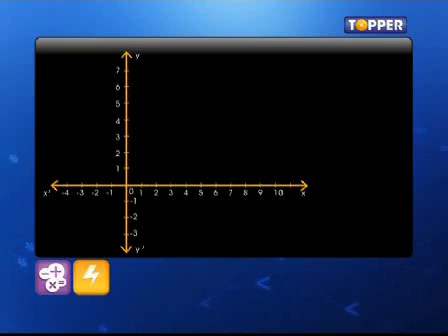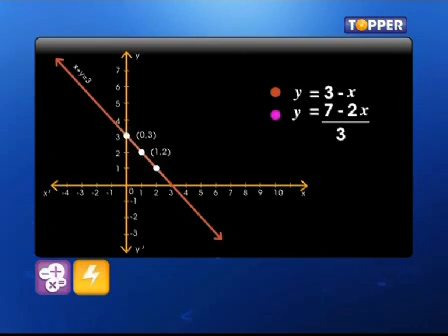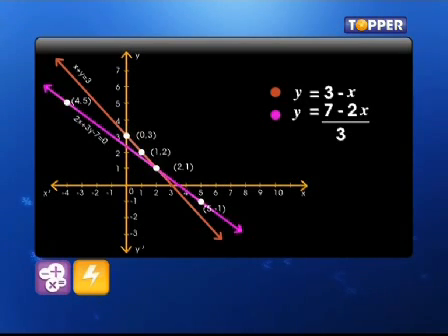Now, if we actually draw a graph for the equations of these two straight lines, what do we get? These two lines will actually intersect on the graph and intersect at exactly one point. What it actually means is that the point at which they intersect is the solution of the equation.